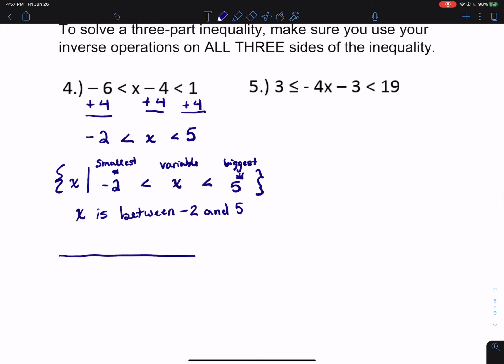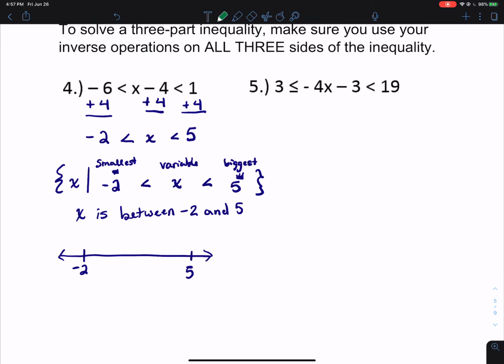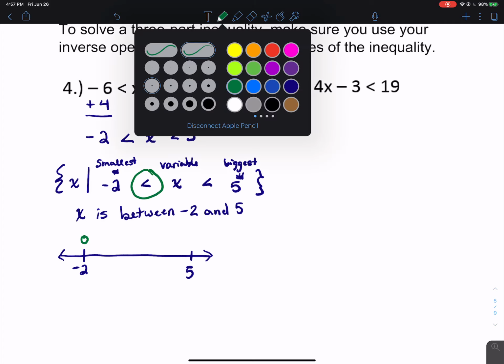So when I graph it on the number line, in this case I need two numbers on my number line, the two numbers that x is being compared to. So I need -2 and I need 5. Now that symbol in between the x and that -2 is just a less than symbol. So I'm going to have an open circle on top of that -2.